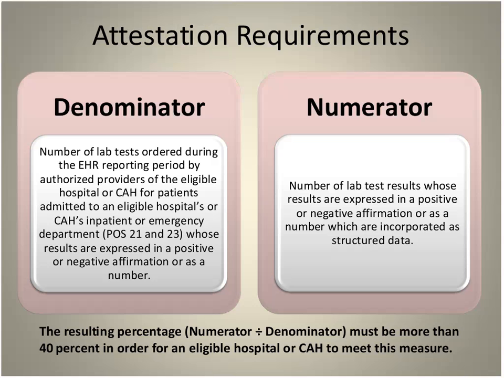Fairly straightforward. Now, it might get tricky to identify which lab test results the system can flag as having results in positive, negative, or numerical form. You're going to sort that out, so that's a process point. The resulting percentage has to be greater than 40%.